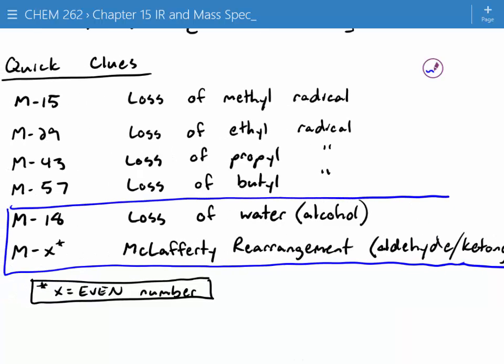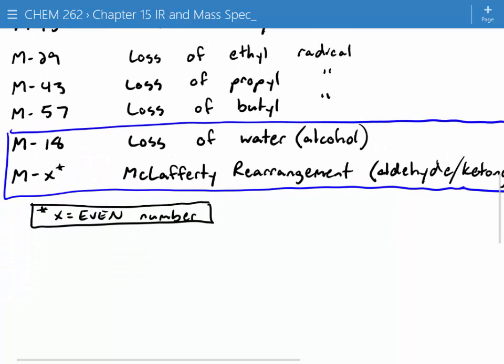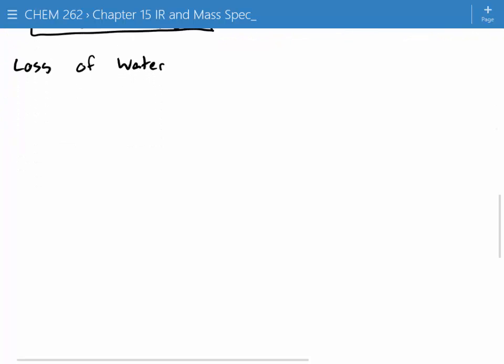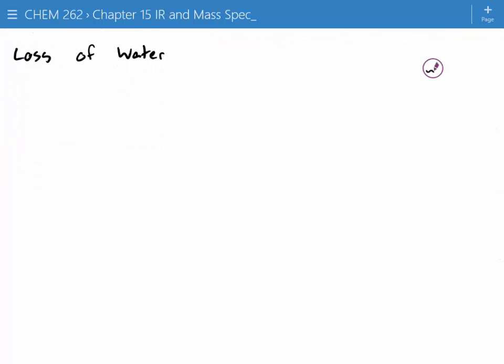So I'm going to box this off. And let's first look at the loss of water. And we said that if it's losing some sort of water molecule, that means it's probably coming from an alcohol. But let's see the mechanism.